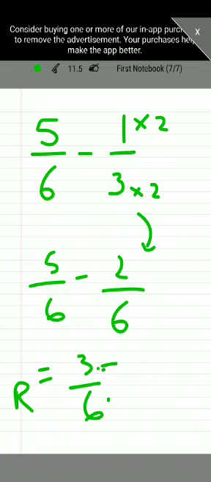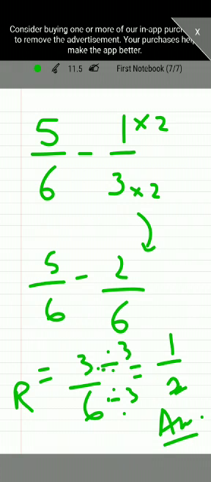Yes, we can divide both by 3. So you get the answer in reduced form: 3 divided by 3 is 1, and 6 divided by 3 is 2. So your final answer is 1/2.